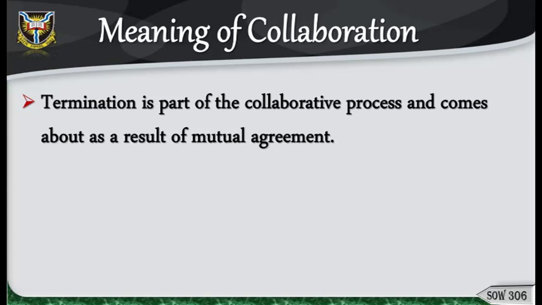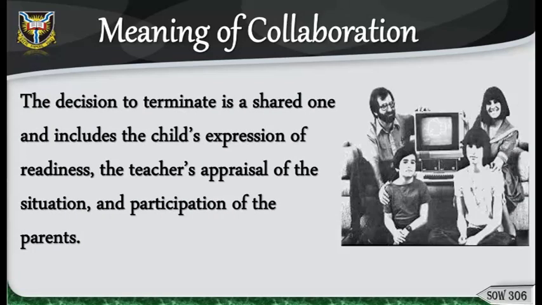When the school social worker is aware of the indication that a child is ready to end their contact with them, they initiate a plan to terminate. The decision to terminate is a shared one and includes the child's expression of readiness, the teacher's appraisal of the situation, and participation of the parents.